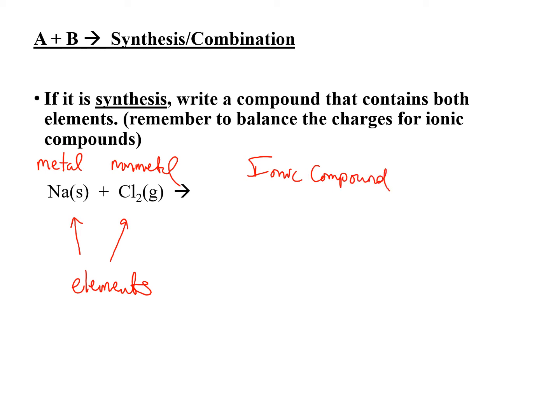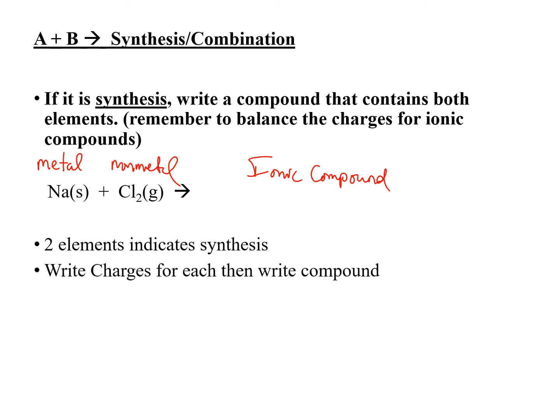Okay, so what we have to do is, after we've identified that our 2 elements are a metal and a nonmetal, we're going to write the charges for each. Use your periodic table. Sodium forms charges of +1, chloride forms charges of -1.